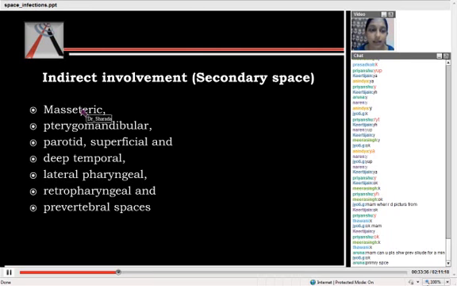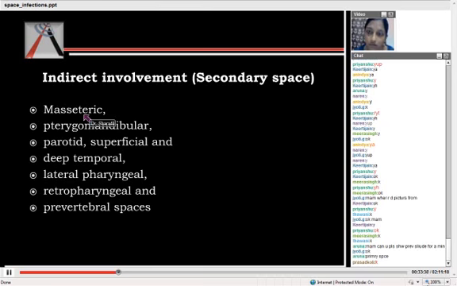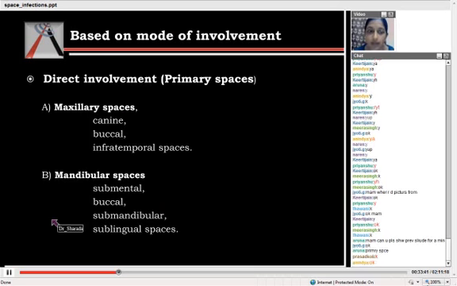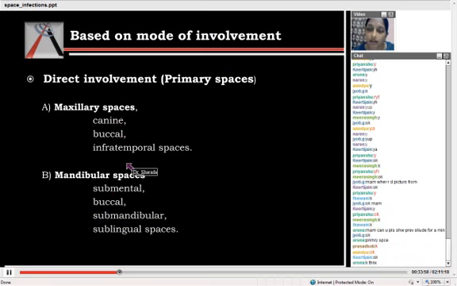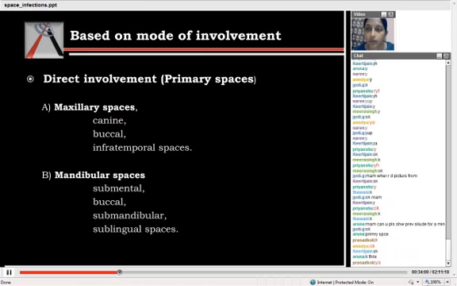Masseteric has nothing to do with your tooth. Primary spaces are easy: the immediate spaces, the submental, the buccal, all the basic places where you give your injections. So moving on.